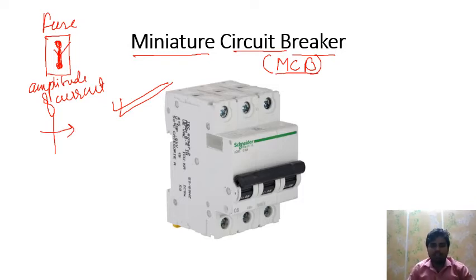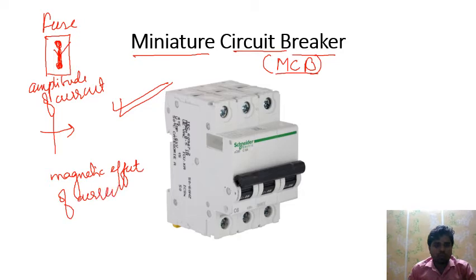But what happens in the miniature circuit breaker is that it does not depend upon the amplitude of the current. Okay, but it depends upon the magnetic effect of current. Okay, so MCB works on the principle of magnetic effect of current.